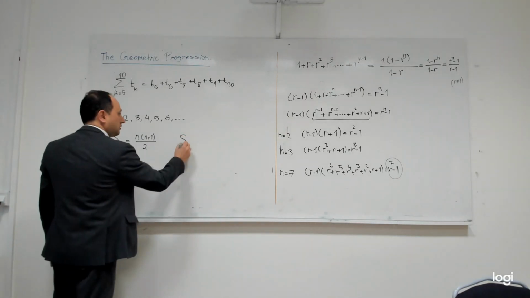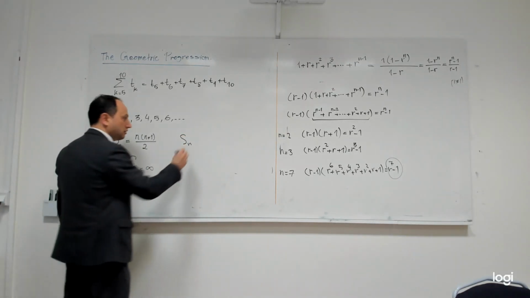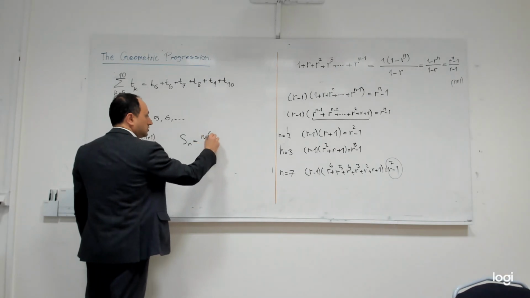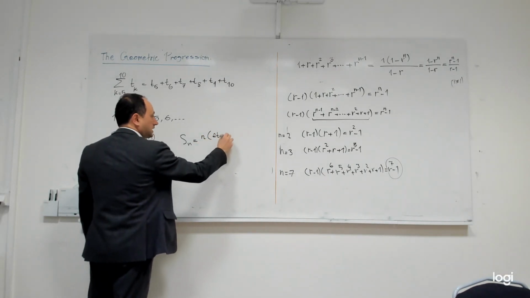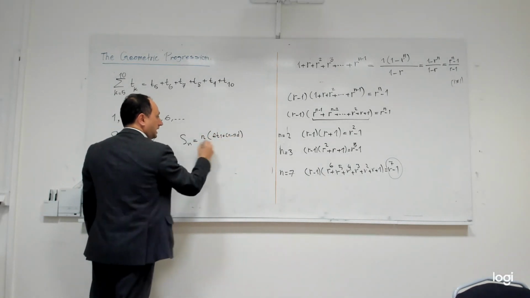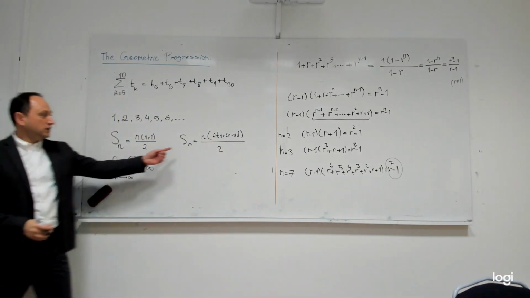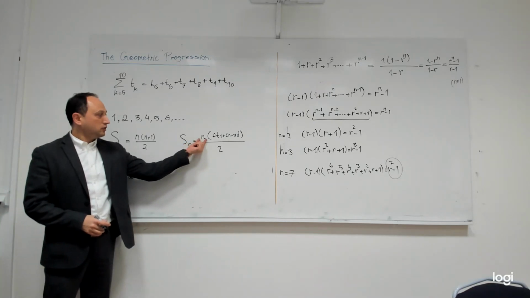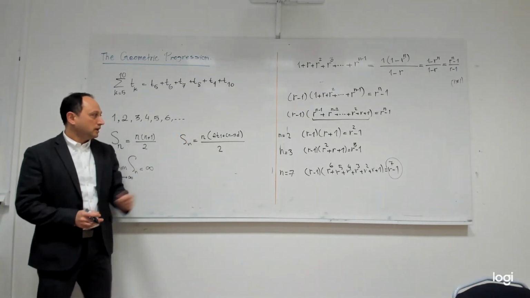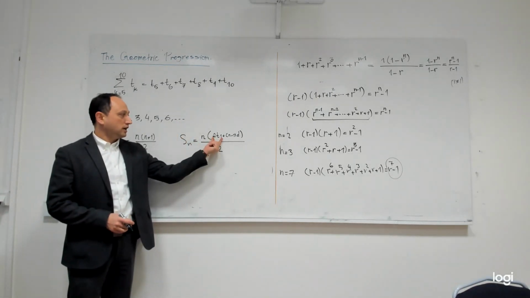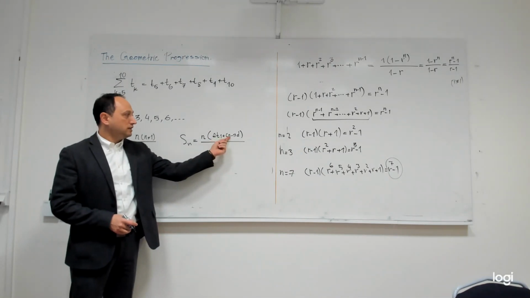Because what is the general formula for Sn? The general formula for Sn is n times (2t1 plus (n minus 1)d), and then divided by 2. When I increase n, this part increases to positive values. This is a constant, so it will not change. This also becomes infinitely large.